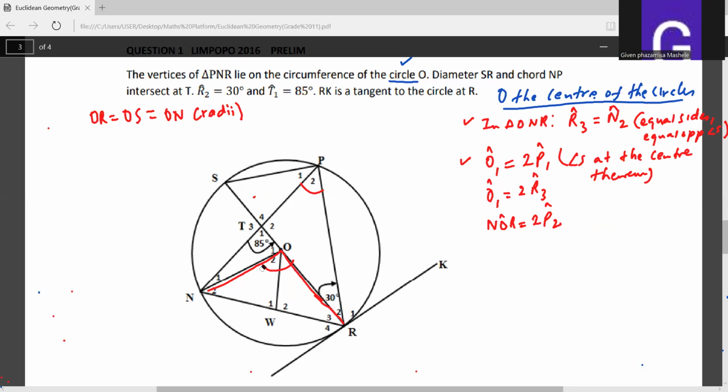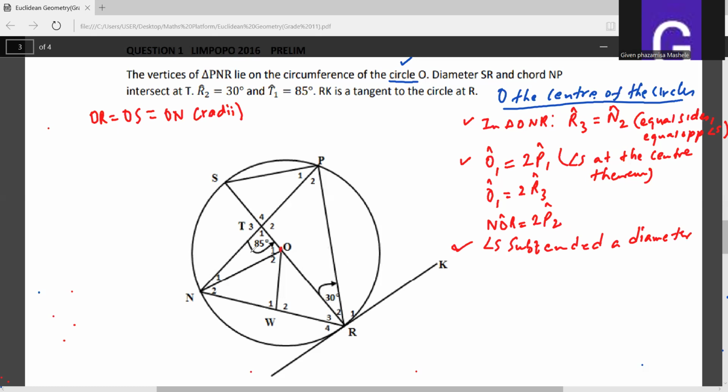Right, now another one is the issue of angle subtended by diameter. Remember I said you must look for the 5 things. We know an angle subtended by a diameter is equal to how much? 90 degrees. And guys, it's very important to understand what we mean by diameter. A diameter should be a straight line.